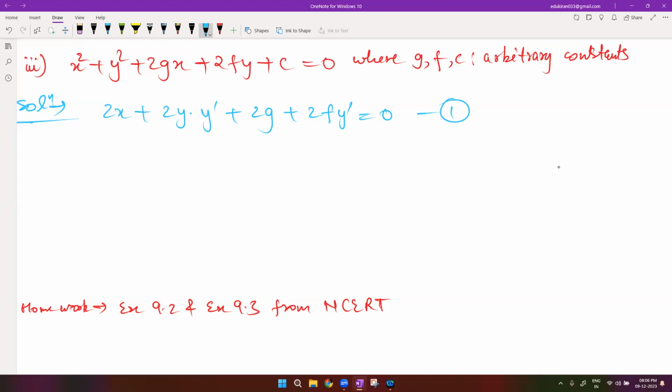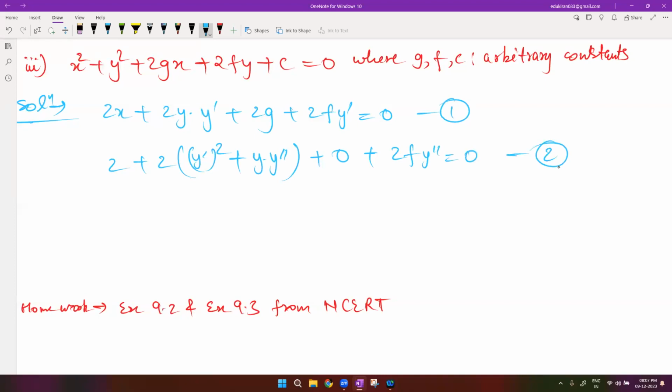Then the second differentiation will be again 2 plus 2 times, here we will have to apply product rule. Differentiation of y will be y dash, y dash is as it is. So this is y dash whole square plus y is as it is. Differentiation of y dash is y double dash, plus differentiation of 2g will be 0, plus differentiation of 2f y dash, which is 2f y double dash.